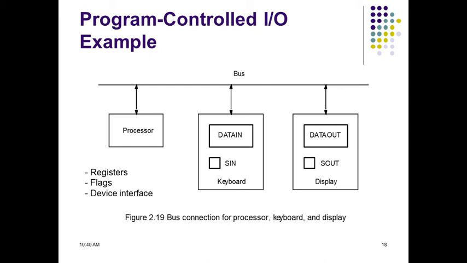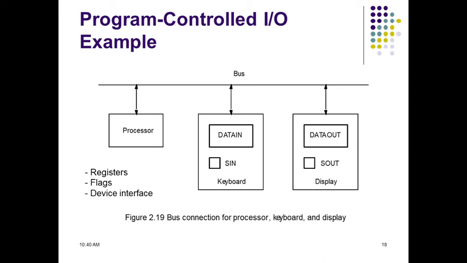Then the character is transferred from data out to the display, and S out is automatically set to 0. When the display device is ready to receive the second character, S out is again set to 1.